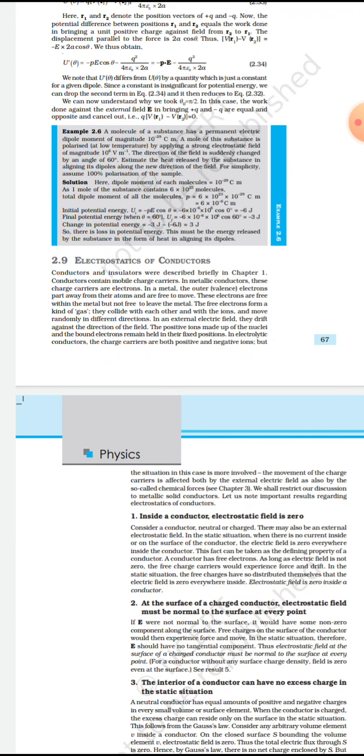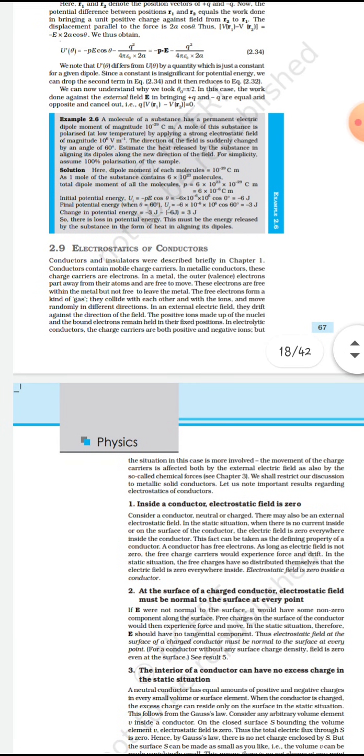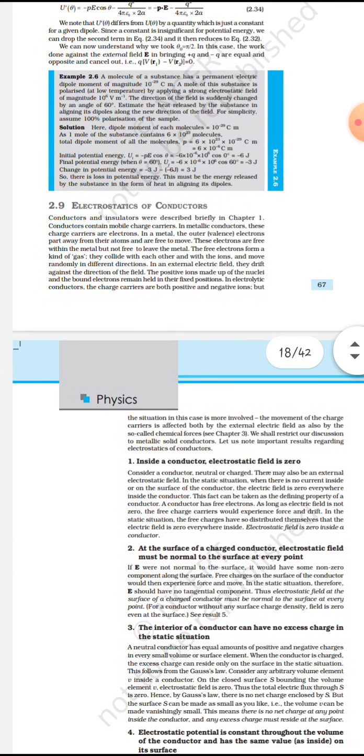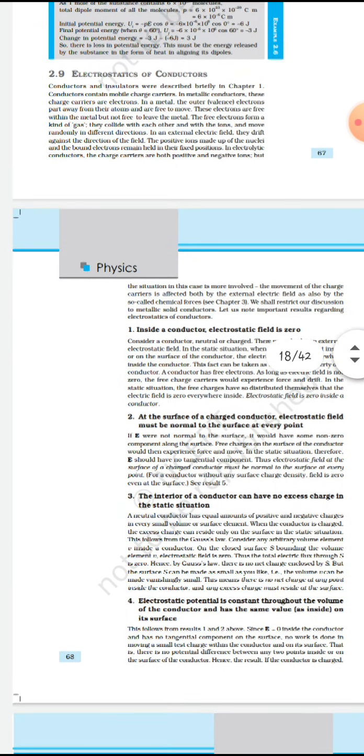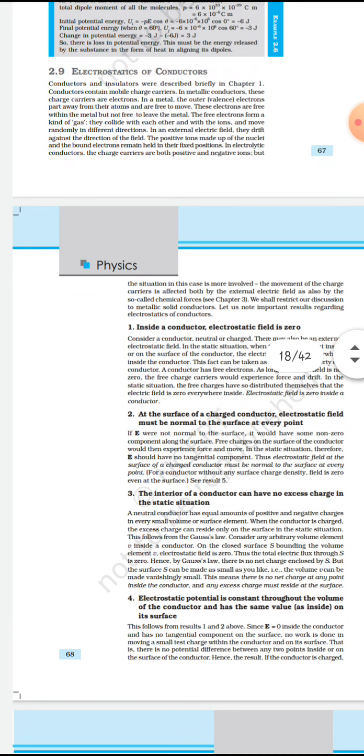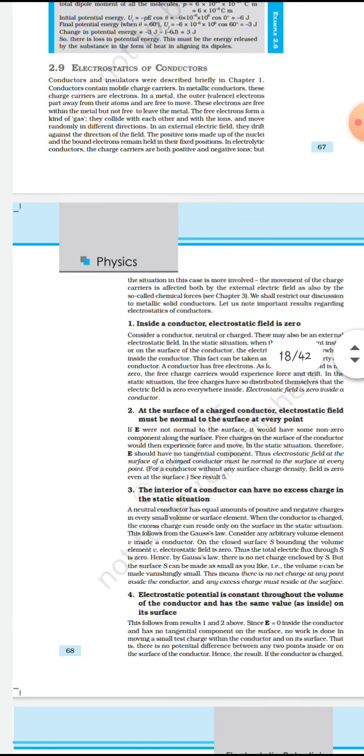There are also positive ions made up of nuclei bound with electrons, so a conductor has both positive and negative charges. The movement of charge carriers is affected by the external electric field and also by the so-called chemical force.